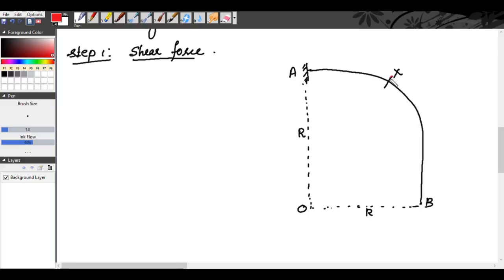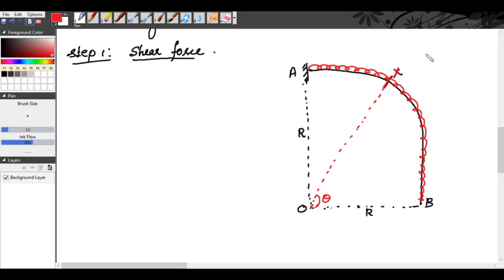This is the section X, and let this section make an angle of theta with OB. And we know there is UDL, right?